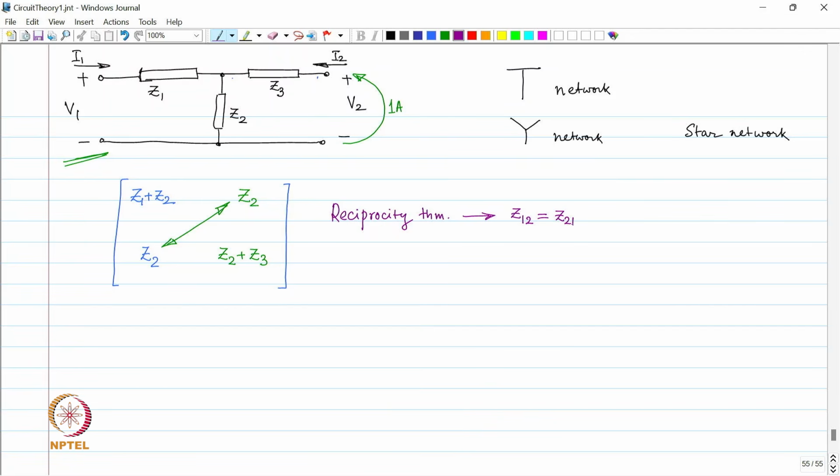But reciprocity theorem is valid under certain conditions. What condition is it valid?